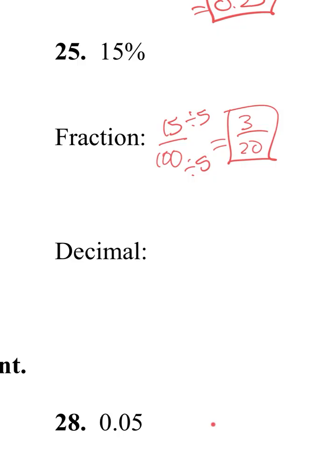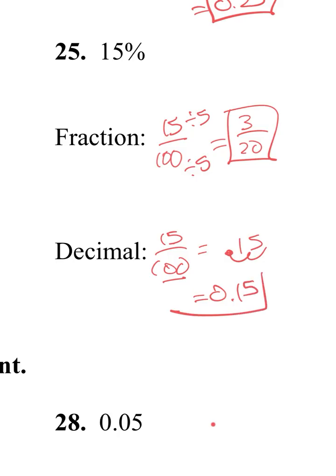As a decimal, I'm going to take the original number, 15 hundredths. I'm going to take the numerator, which is 15. 2 zeros, two spots to the left, 1, 2. And my final answer is 0.15. Number 26.